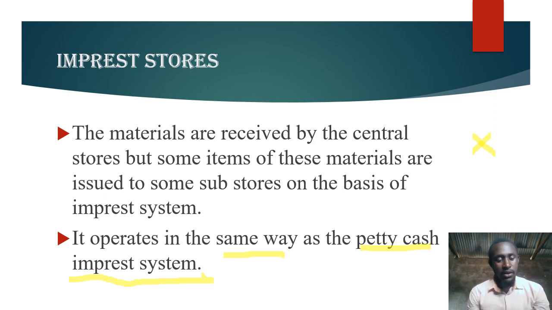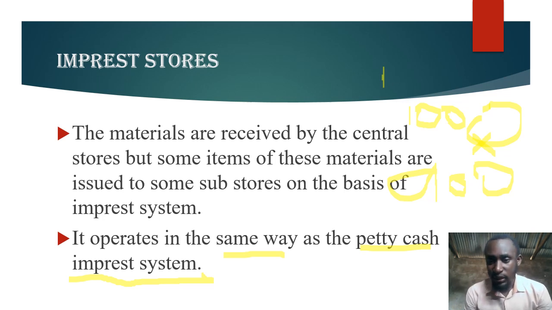That is, if you received items worth, for example, 1000, and of the 1000 you used maybe 900, then in the next period they will not give you 1000 again.